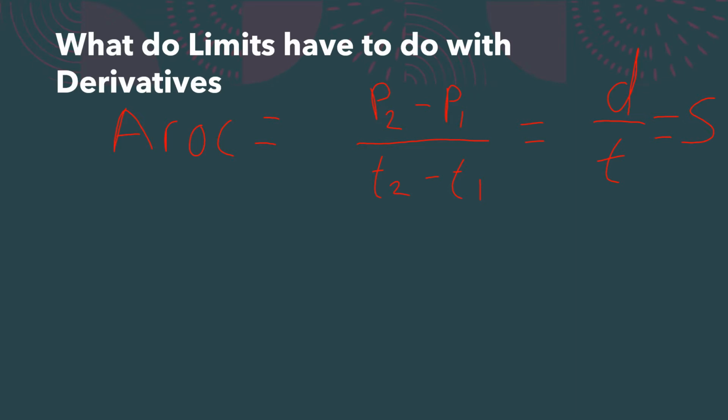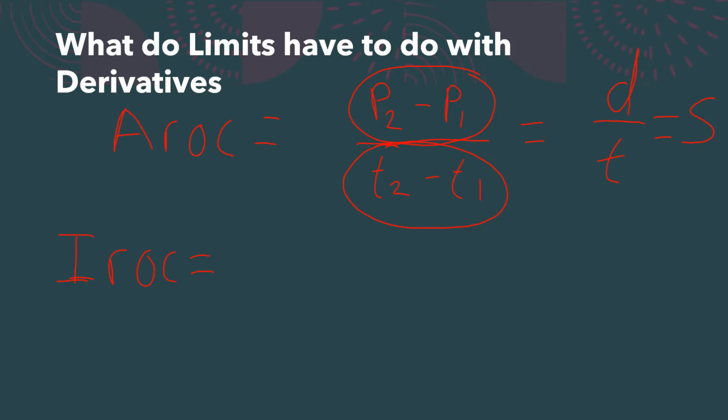But what derivatives measure is a very paradoxical idea: the instantaneous rate of change. What a derivative seeks to do is not just say how far we traveled from P2 to P1, from time 2 to time 1.